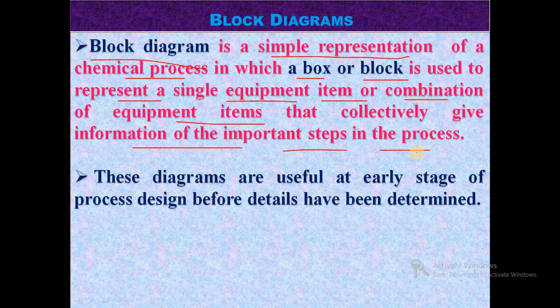Each and every step is represented in a block diagram by drawing a box or block. These diagrams are useful at the early stage of process design, before details have been determined. For simplification, block diagrams are used at the industrial level.